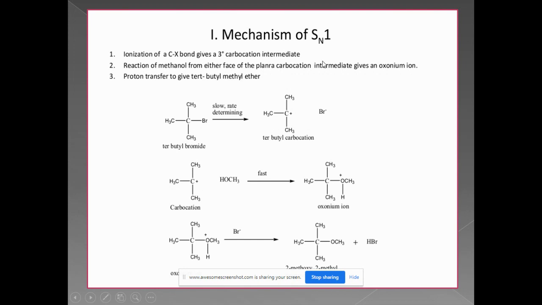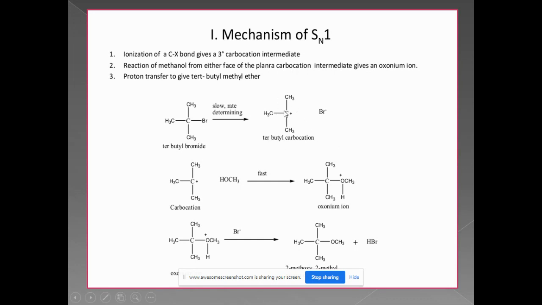Let us see the mechanism of how it is possible. Here is the tertiary butyl bromide, and this is the slow, rate determining step. While the methoxy group approaches the tertiary butyl bromide, bond formation takes place slightly, and simultaneously bond breaking also takes place.